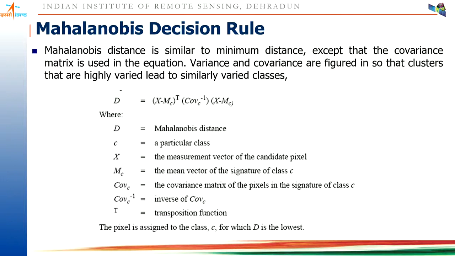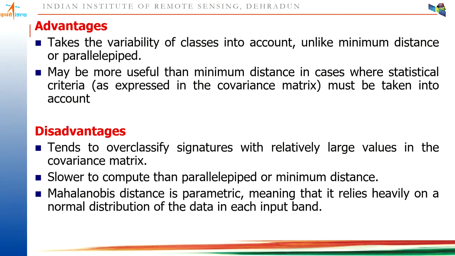The disadvantage that was there in minimum distance to means algorithm, that it is not using class variability, we have overcome in Mahalanobis decision rule. But the disadvantage is that it tends to overclassify signatures with large value in covariance matrix. As you have seen, we are directly multiplying it with covariance matrix.